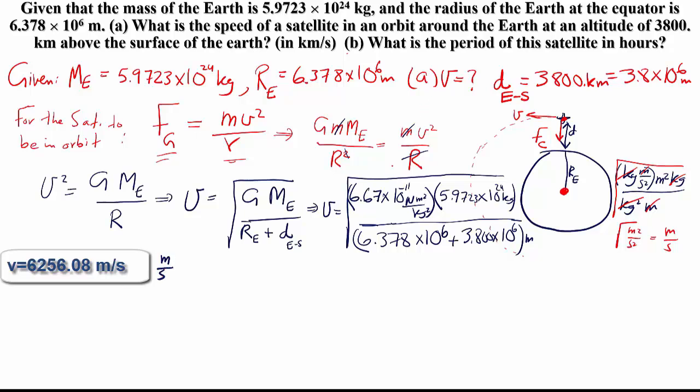Now, part B, we are asked to find the period. Now, how can we get the period? The speed is distance over time. And here, to complete one revolution around the Earth, the satellite has to travel a distance equal to the circumference of its orbit. And we know the circumference of any orbit is 2 pi times the radius of that orbit.